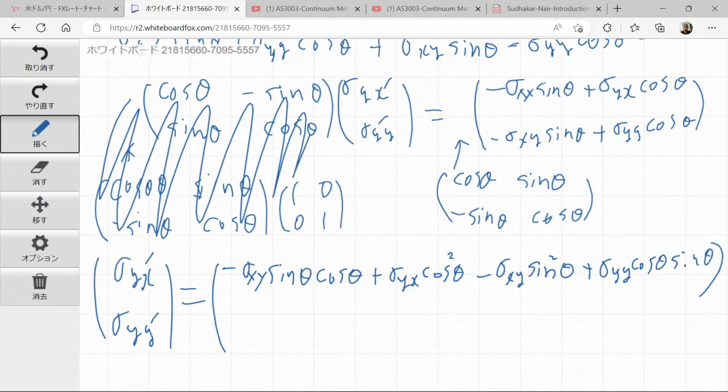And the bottom, downstairs bottom line, we do sigma xx. I think this should be xx.